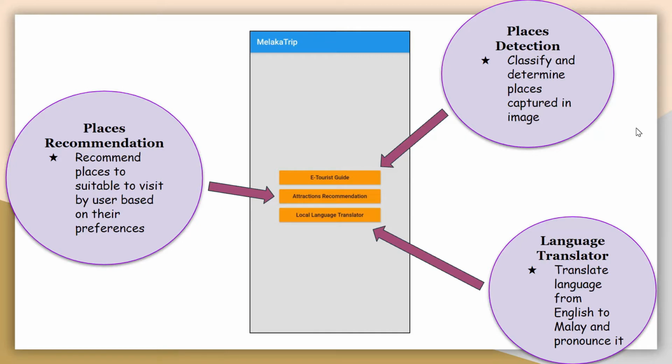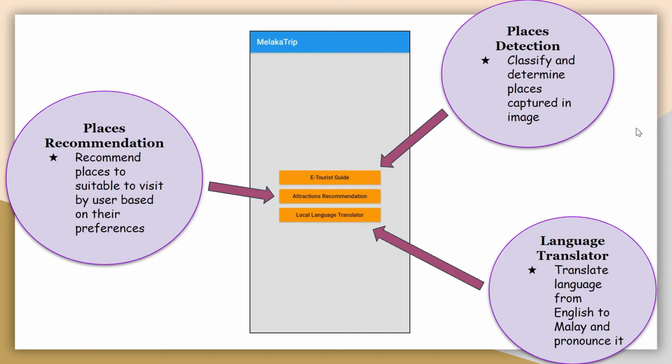This is the first page of the MelakaTrip application, where the first button is for the place detection function, where it will classify and determine the place captured in the image by a user. While the second button, attraction recommendation, is the place recommendation function, where it will recommend places suitable to visit by the user based on the user's preference when the user answers the questions in the application.